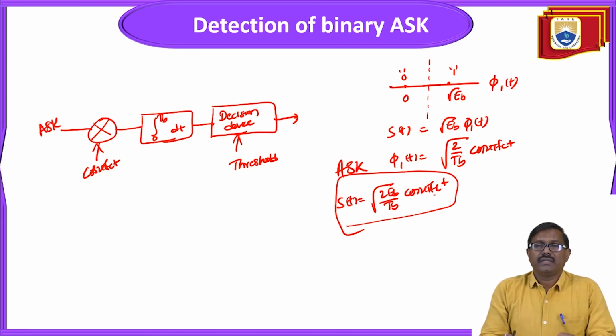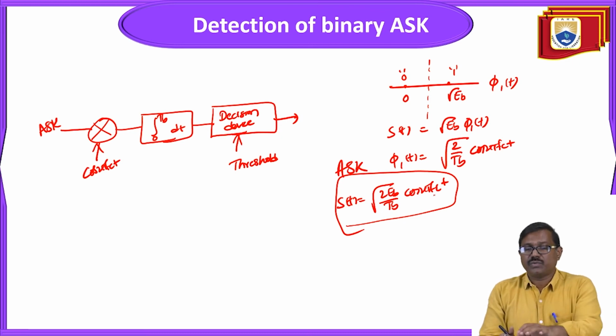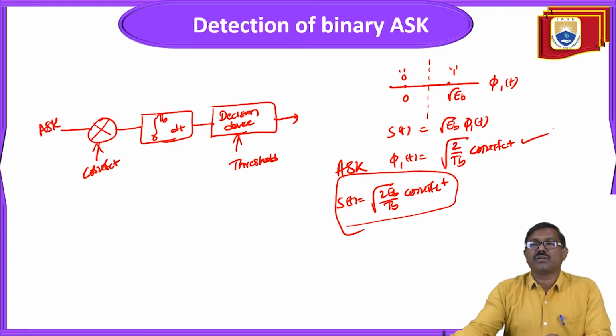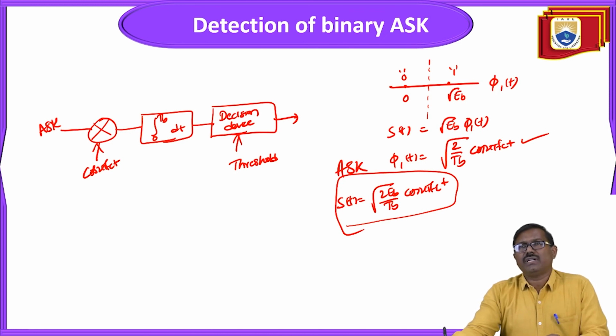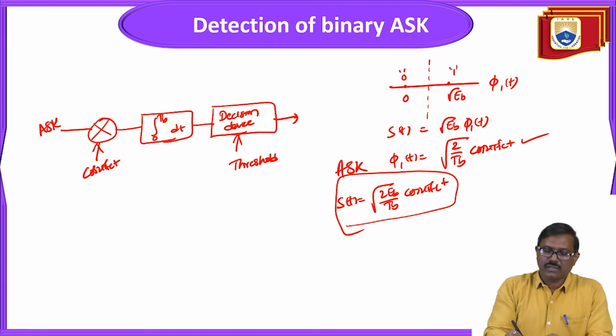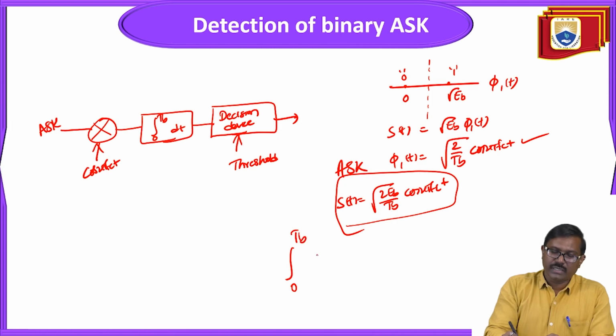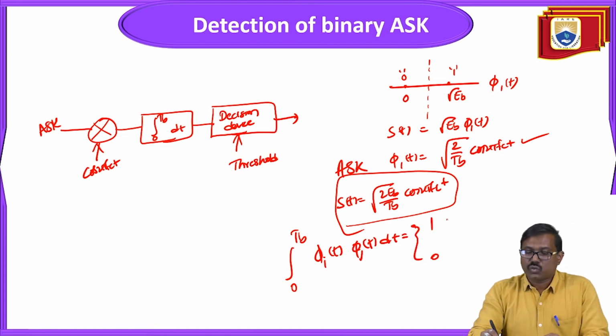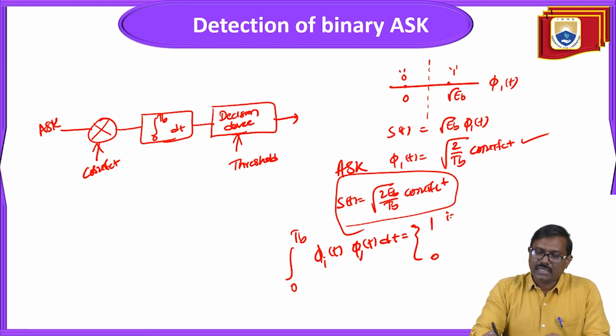In another way, here we are using the transmitter orthonormal basis function, that is phi 1 of t. This phi 1 of t is going to multiply with the same function, and it gives the normalized value, that means it gives only 1. Normalized means 1. That is, the integral from 0 to Tb of phi i of t and phi j of t dt is equal to 1 or 0. It is 1 for i equal to j.